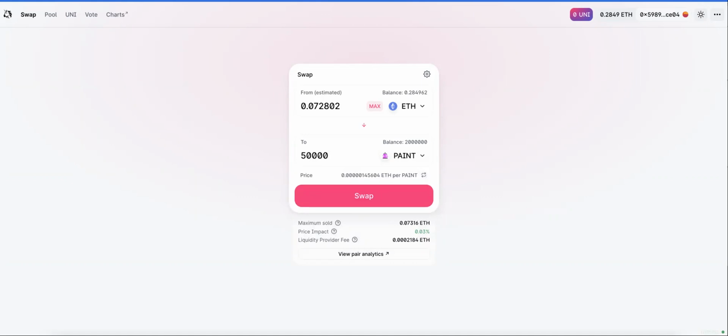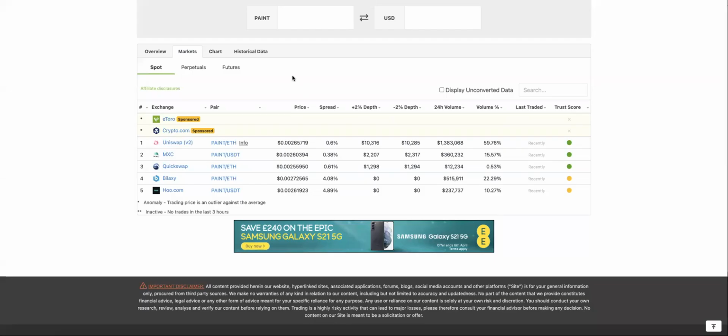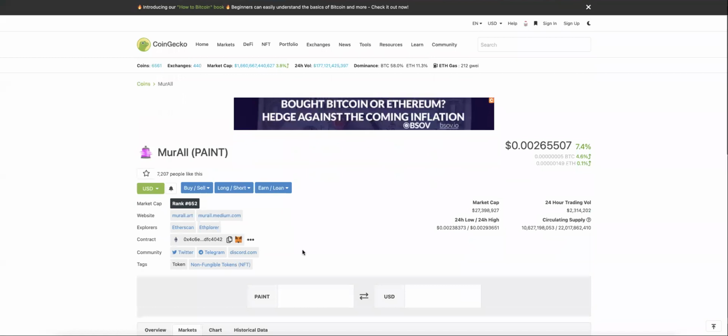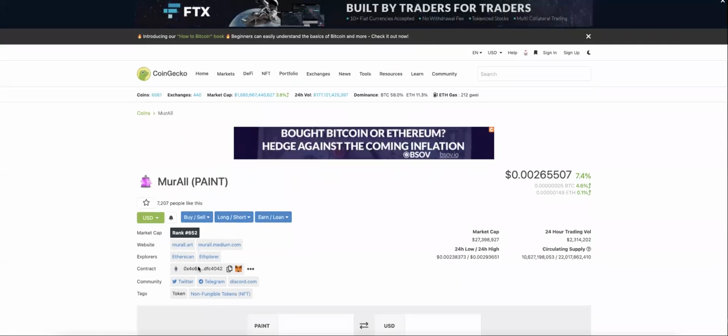Of course, I'm also assuming that you have done all your fundamental research and you have decided to buy the coin. So you go to their website, you find out about this coin, and then you can also go and look at the charts. Now, for most of the new coins that are on Ethereum or Uniswap, you will hardly find the charts on TradingView.